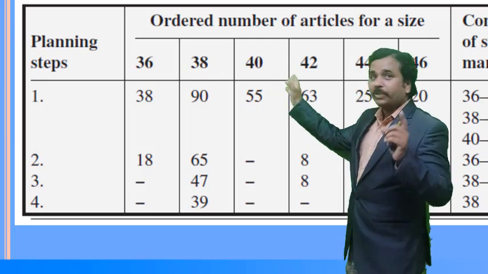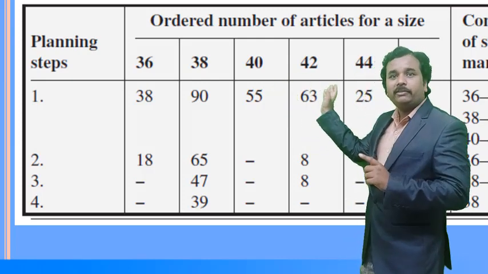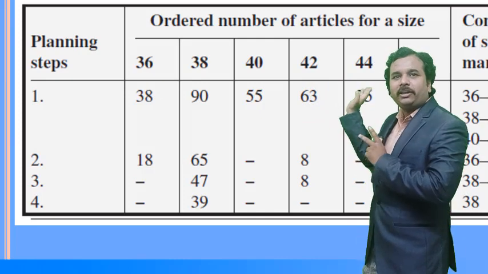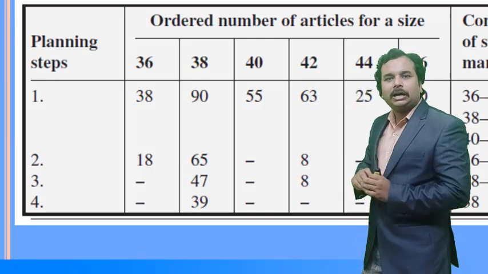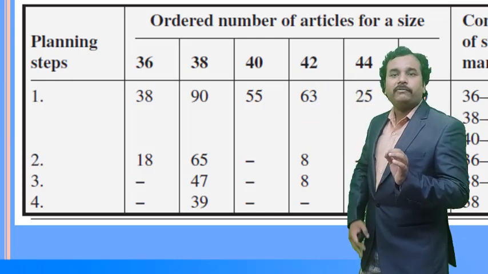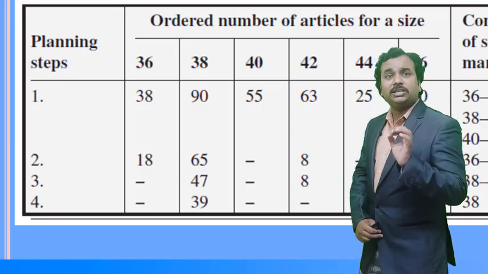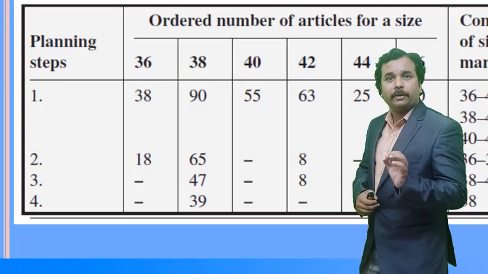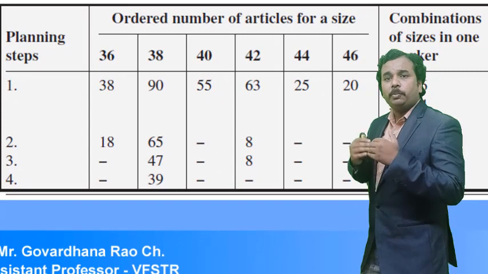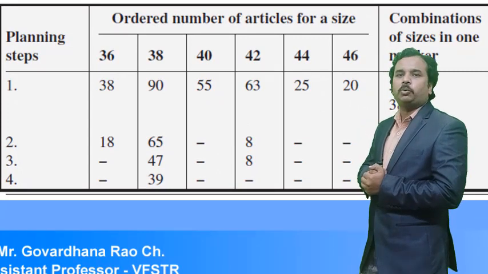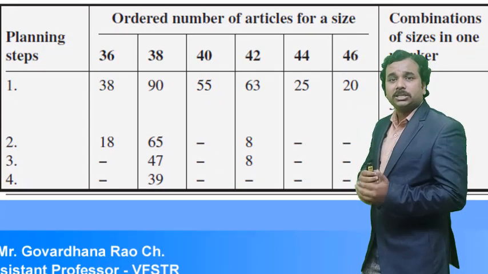So 38, 90, 55, 63, 25 and 20 are the ordered quantities of the different sizes of a particular garment style. Now we need to prepare the marker as per the ordered quantity given by the customer.